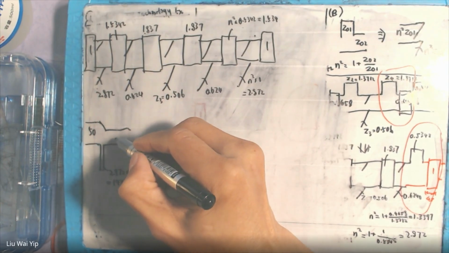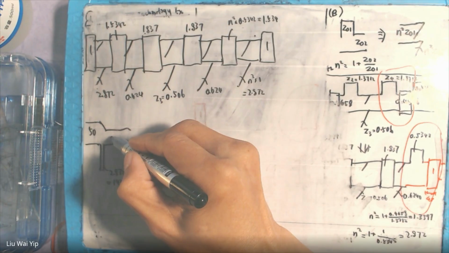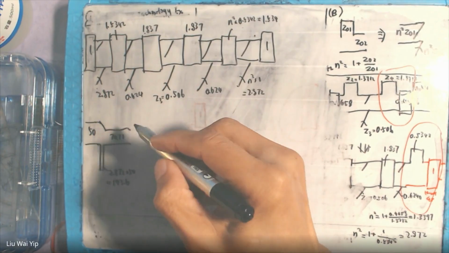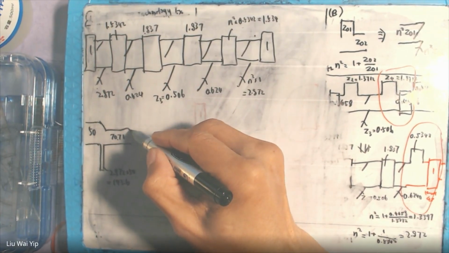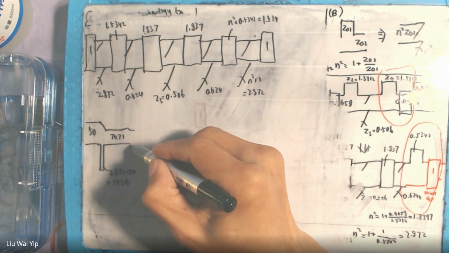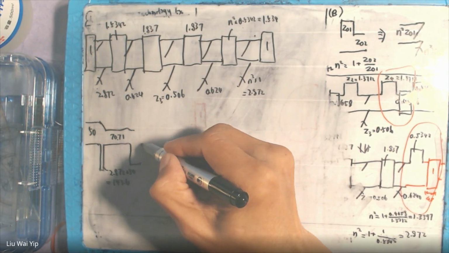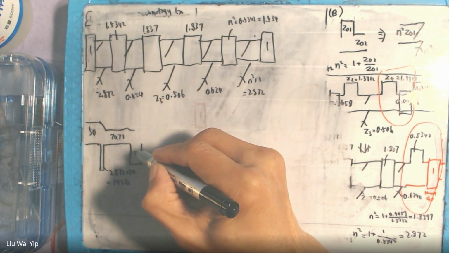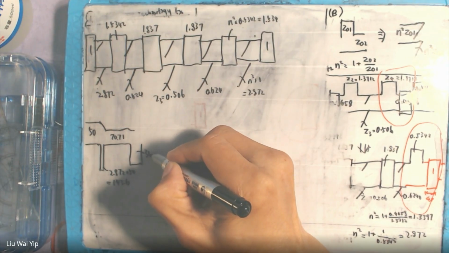And then followed by this one. I'm not going to go through all the calculation with you, but I've already pre-calculated. So another one, after denormalization, then you get 722.